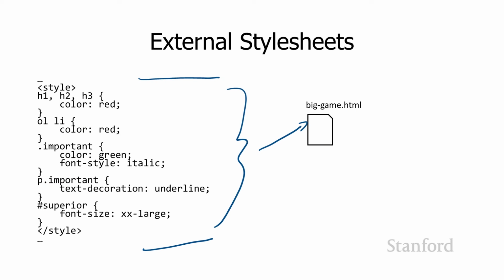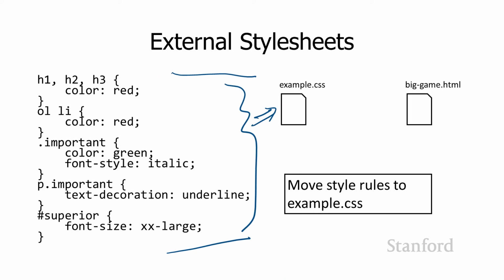So what we're going to do is take all the style rules in the style tag. We're going to toss out the style tag itself. I've seen a lot of students copy it over, and they copy the style tag as well as all the style rules. Don't do that. Only copy the style rules. And we're going to put them into another file, which we're going to give the name example.css. So this is a CSS file.